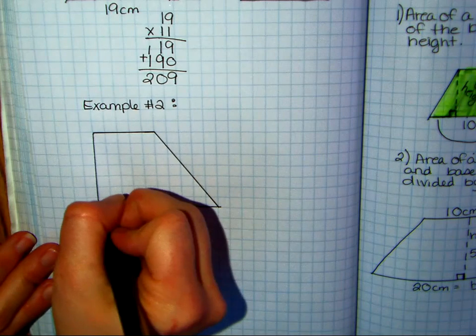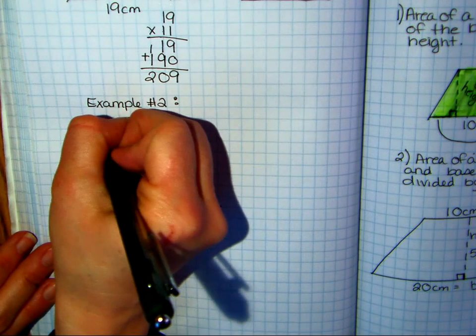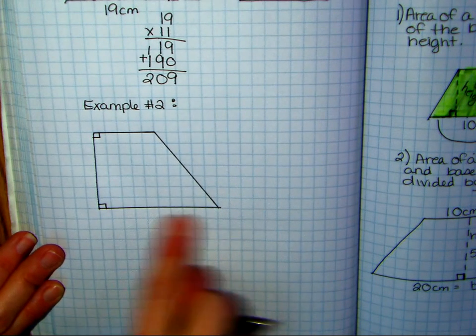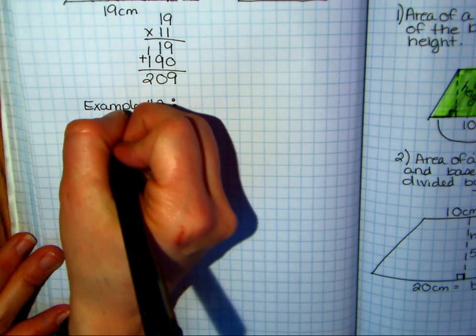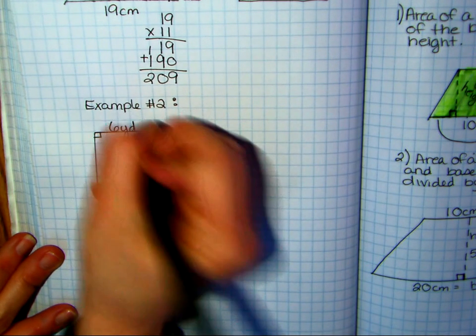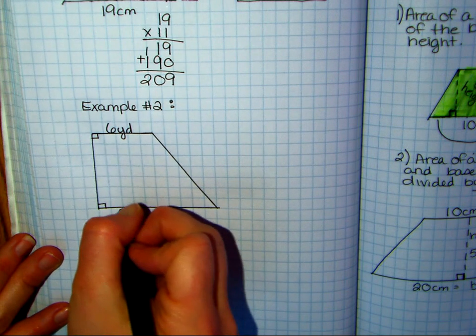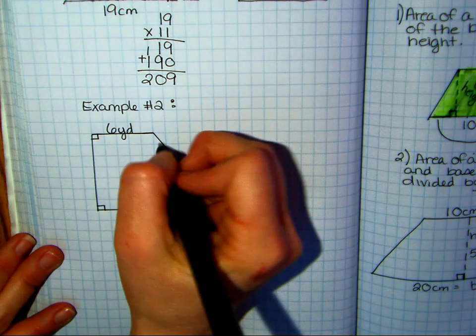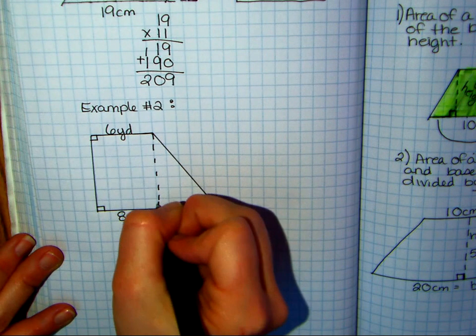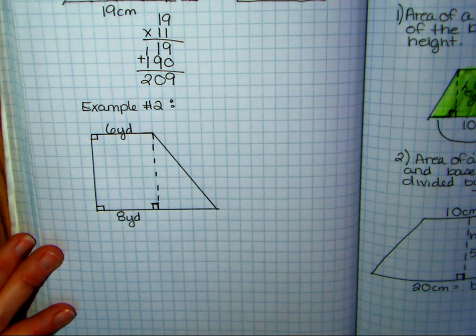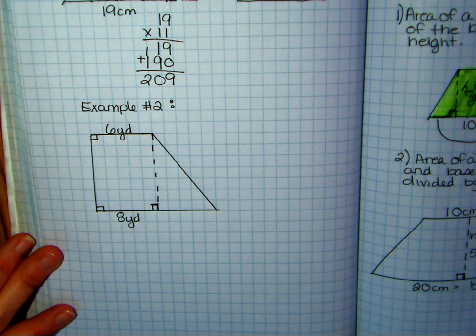So in this case, this line is parallel to this line. So those are our base 1 and base 2. My height, I'm going to put it right here, remembering that my height has to connect base 1 and base 2 in a perpendicular line.